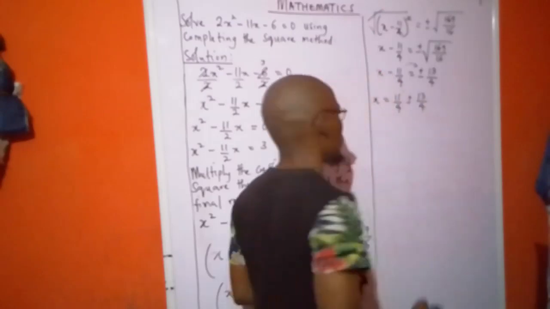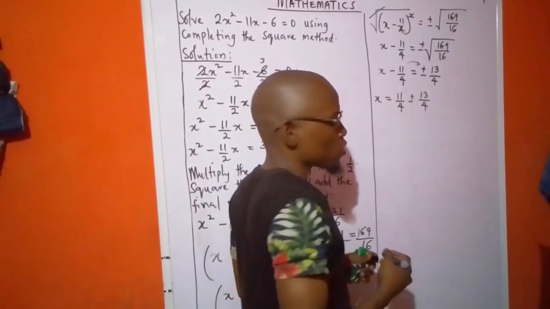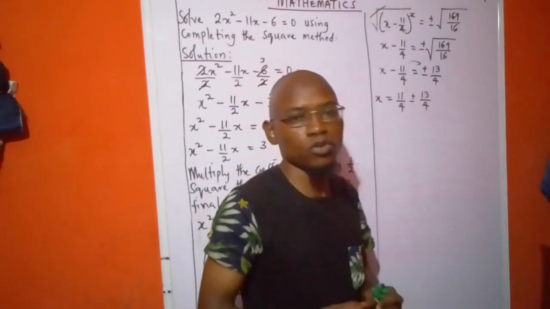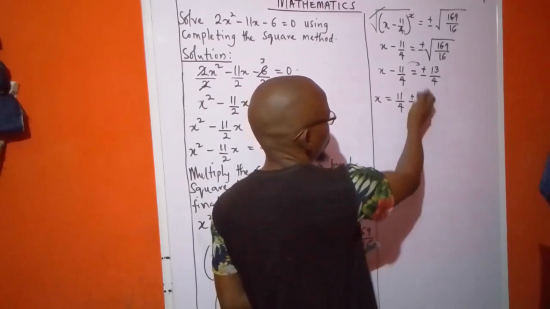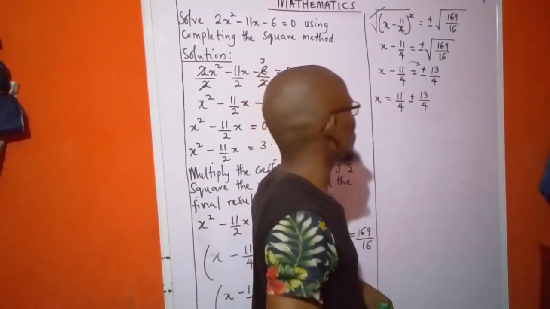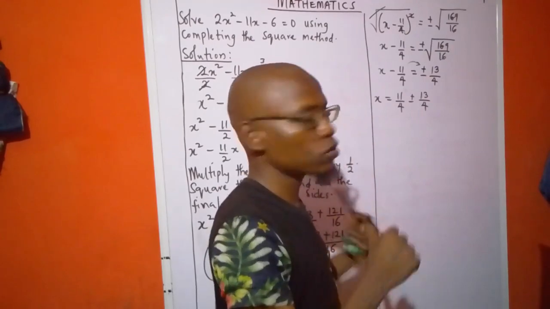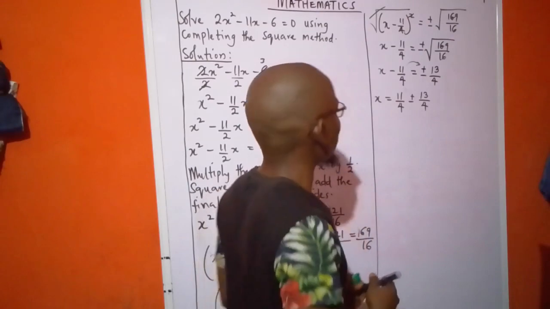Okay. Since for a quadratic equation we are supposed to be having two roots, this plus or minus is a justification of what we have done so far in this lesson.